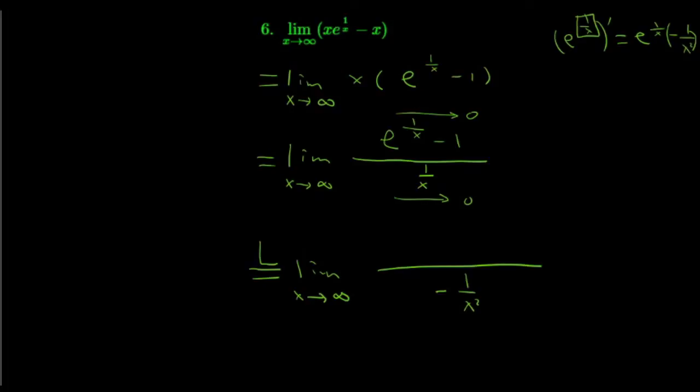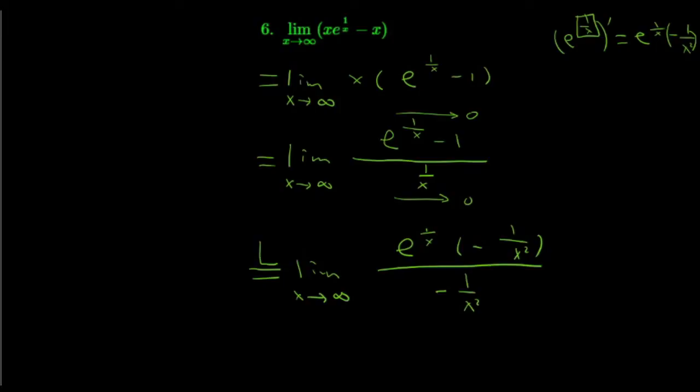Okay, taking the derivative of the numerator, we have e to the power of 1 over x, and then times negative 1 over x squared. Now simplify. Why can we cancel out that factor? As x approaches infinity, this factor is a non-zero number, right?